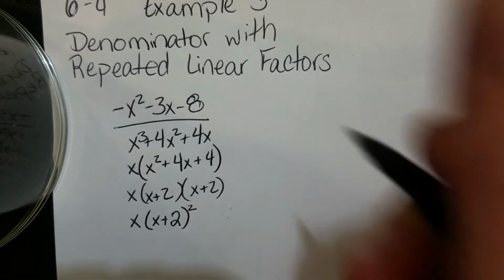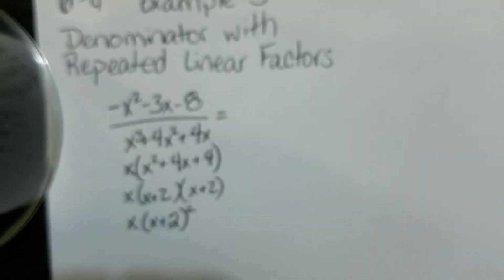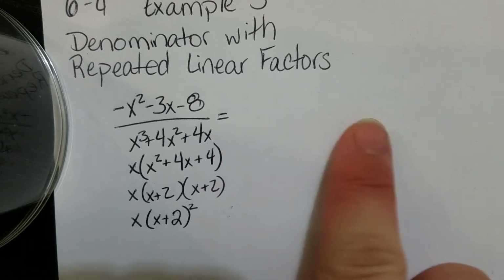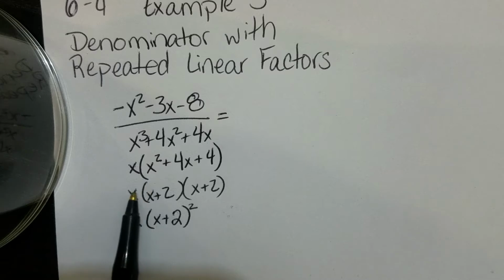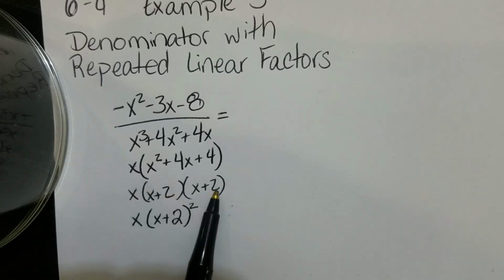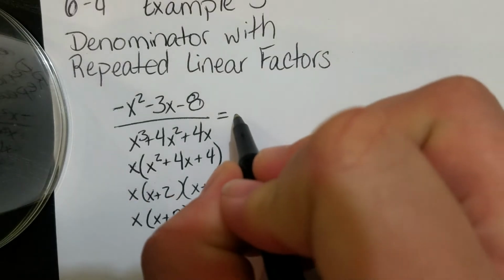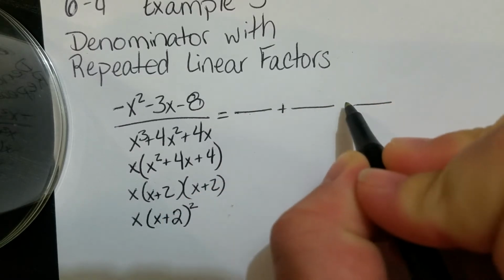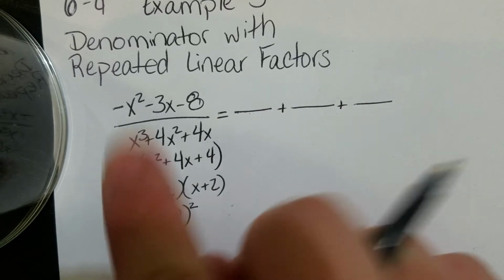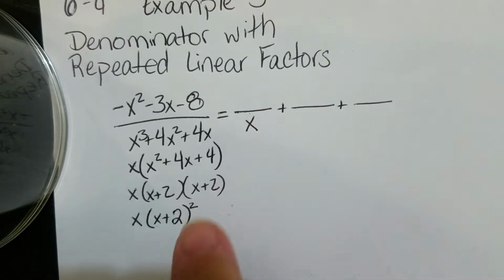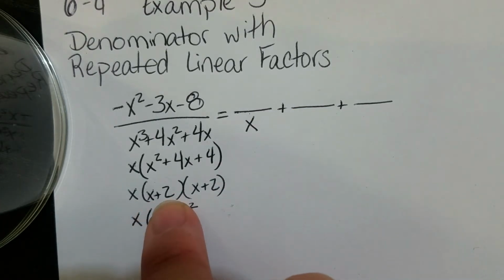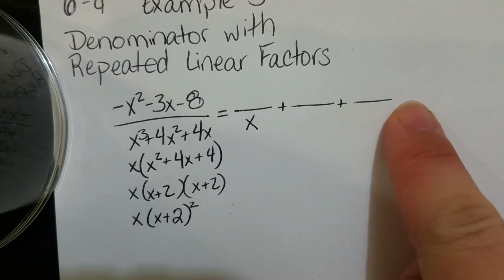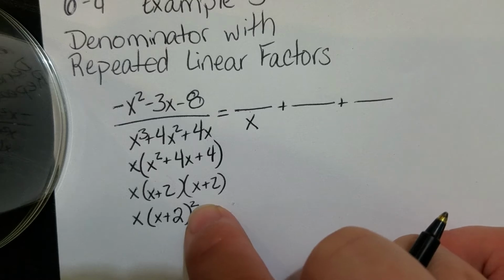Now, when that happens, it means that you're going to have extra fractions, basically. So you still need one for each one, but it's going to be a little bit different. The x will still be by itself. Then this x plus 2, you need to account for all the powers of x plus 2 up to the highest power.